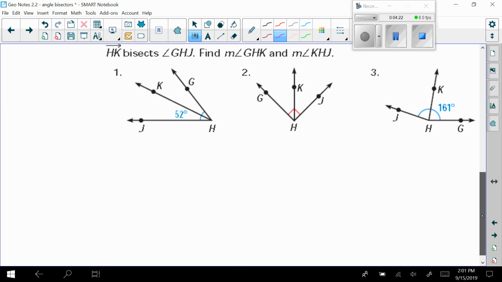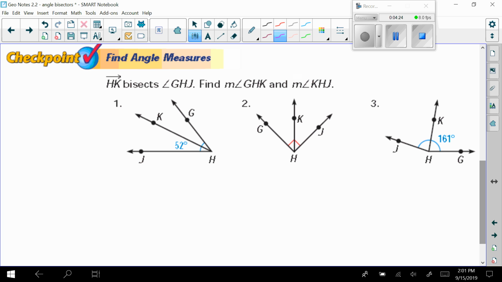All right, here's some practice with this, okay? Now let's take a minute and look at each of these angles. They're all broken up and bisected by ray HK. So ray HK is coming through the middle, and these two angles are the same measure. They're congruent, okay? Same with this one. What's the red box mean?